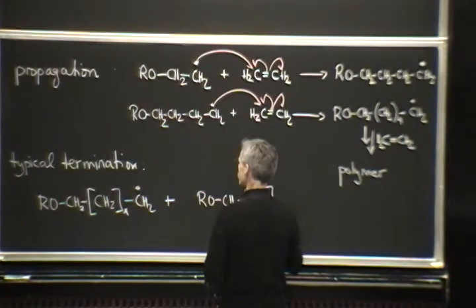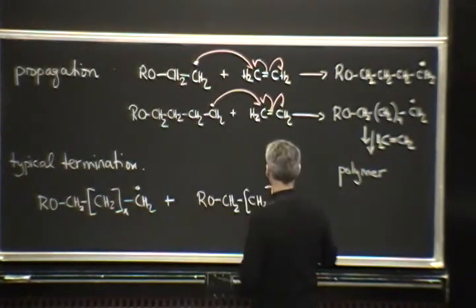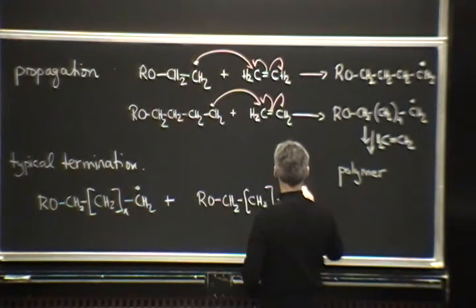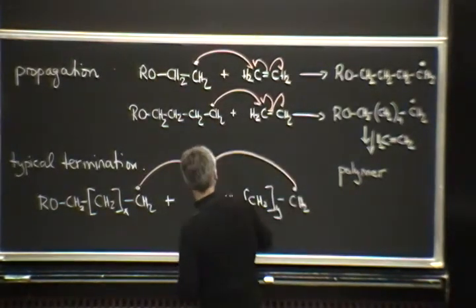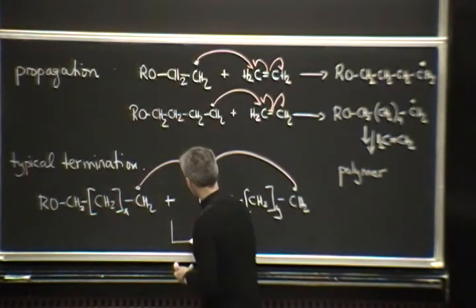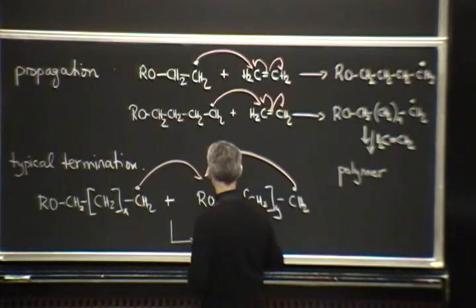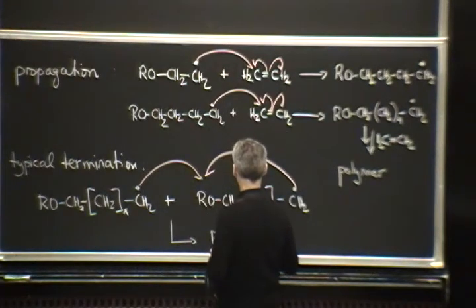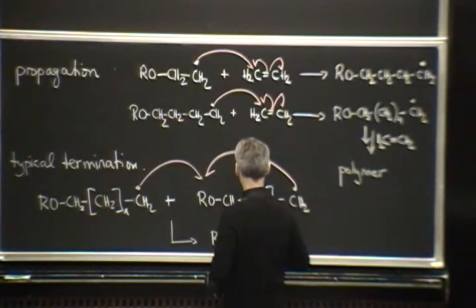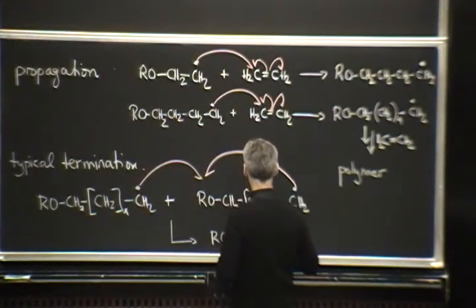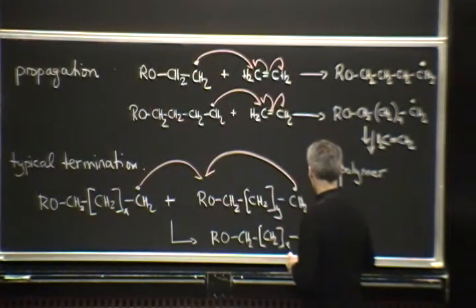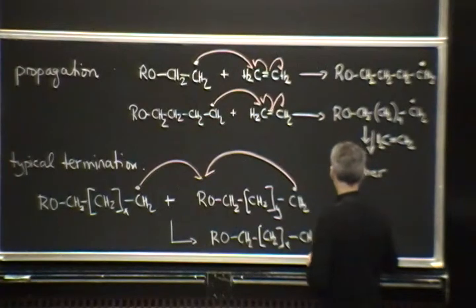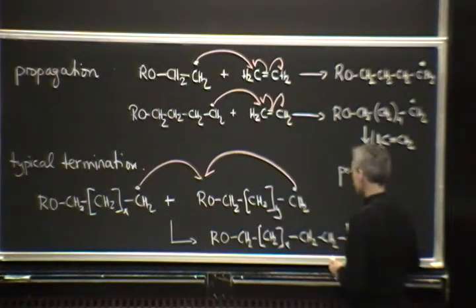One can have X of the methylene groups here, the other one can have Y. And these can now combine. And that will give us a system that is now terminated, because it doesn't have a radical anymore that can add to another ethylene molecule.